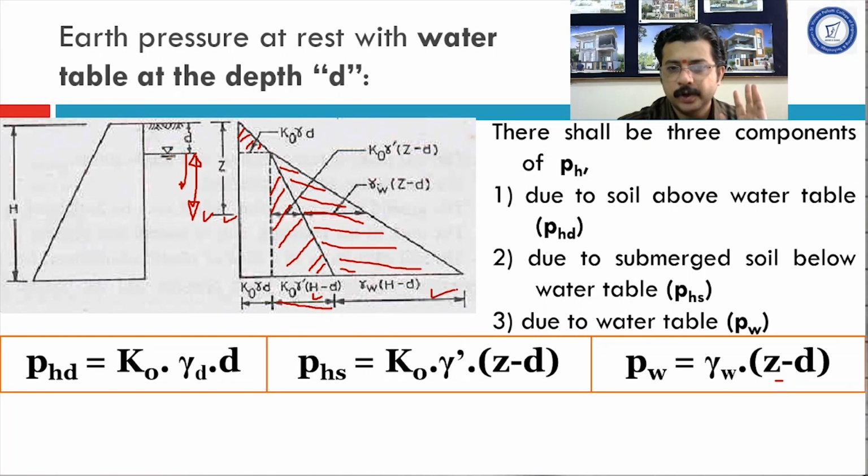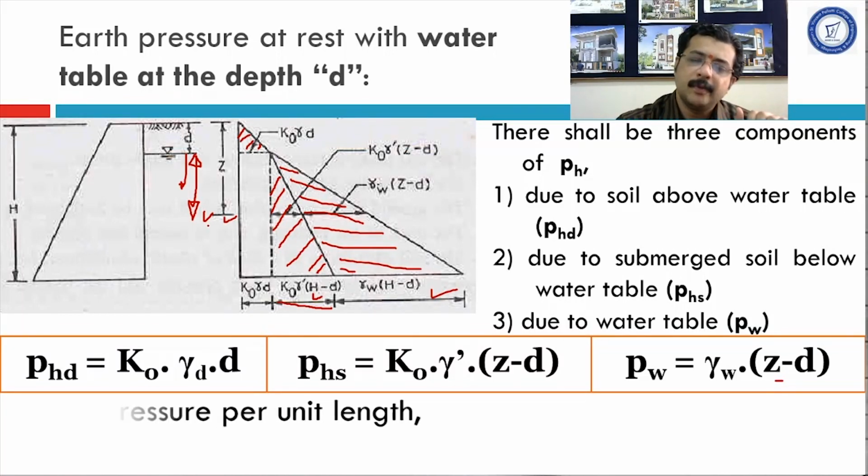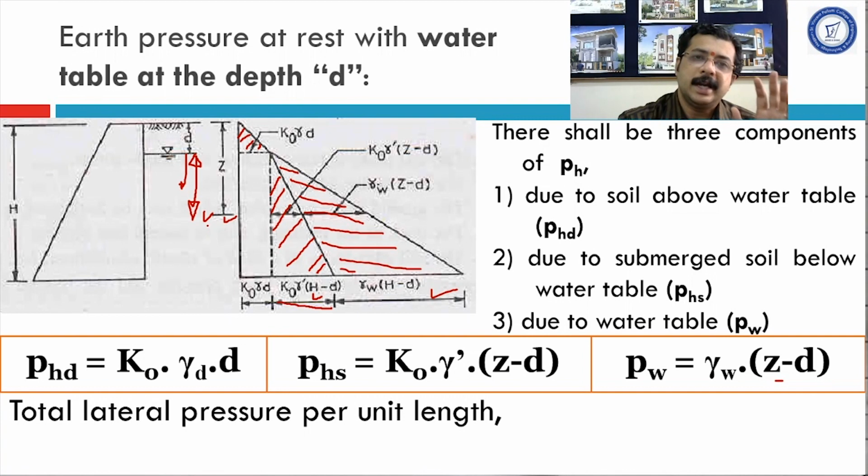So the formula would be gamma W multiplied by H minus D. Adding these three things for depth Z, we will get the total pressure acting on this particular retaining face.